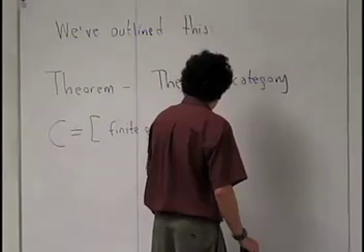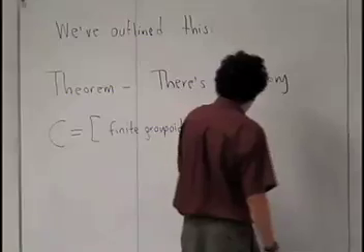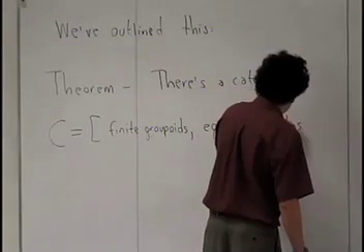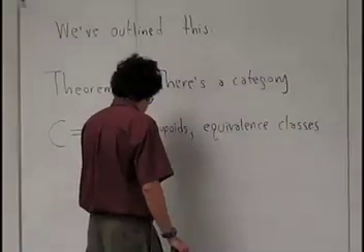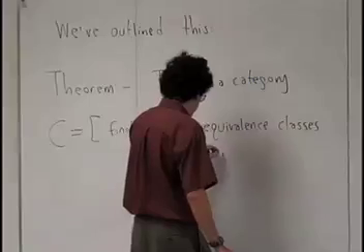And so really we get a 2-category, but I want to keep things simple, so I'll just work with equivalence classes of spans, which I will describe a bit more later. Equivalence classes of spans of finite groupoids.